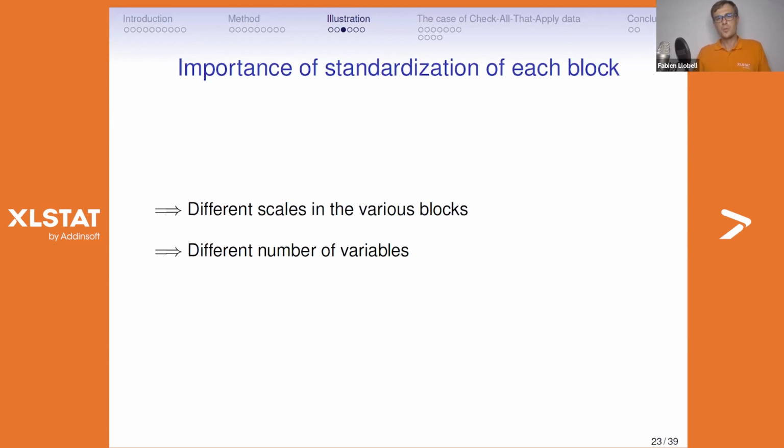So the standardization allows us to resolve the problem of the number of variables.